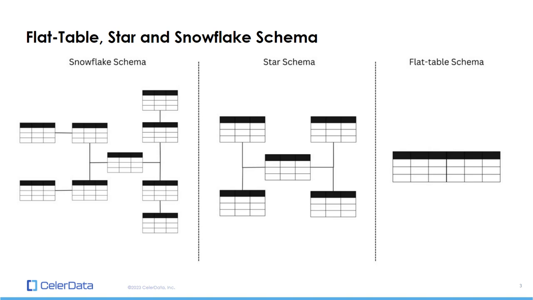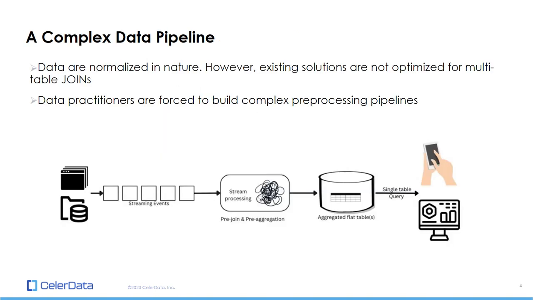But this is not really the case anymore, especially for real-time analytics, because a lot of the real-time OLAP databases simply cannot handle on-the-fly joins well with low latency. So the database requires the users to perform denormalization before ingesting the data into the database, so everything becomes a single table.